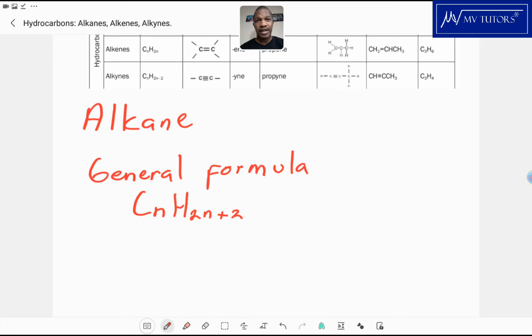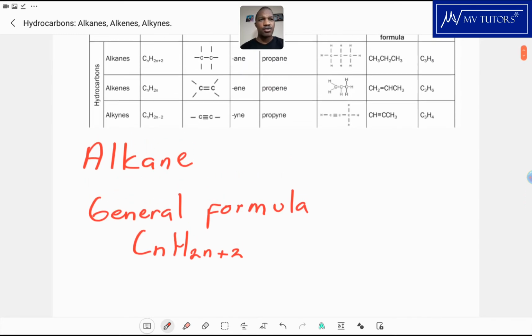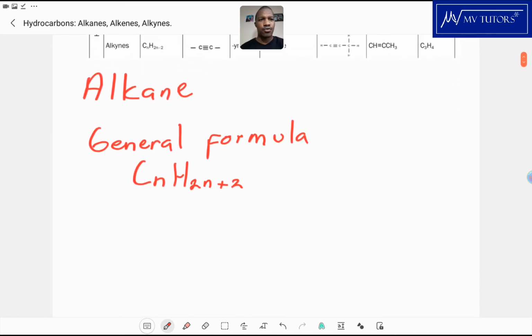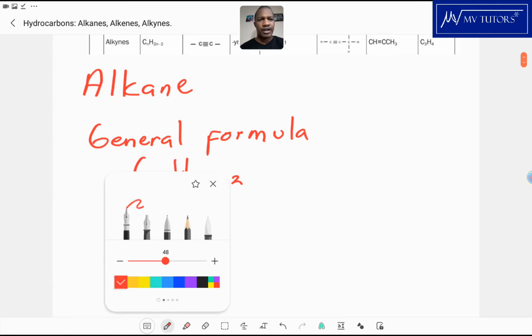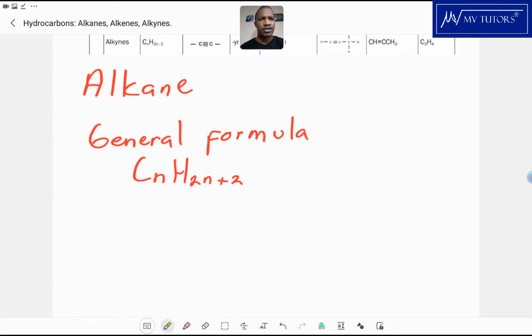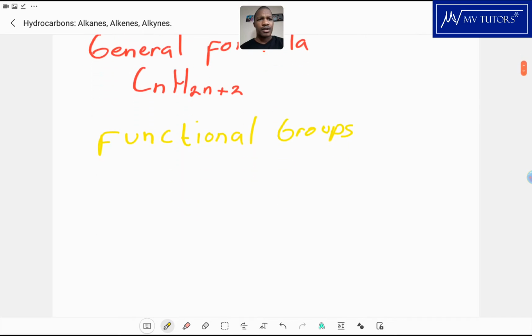But before we get there, let's start with the functional group. I'll use a different color for functional groups.